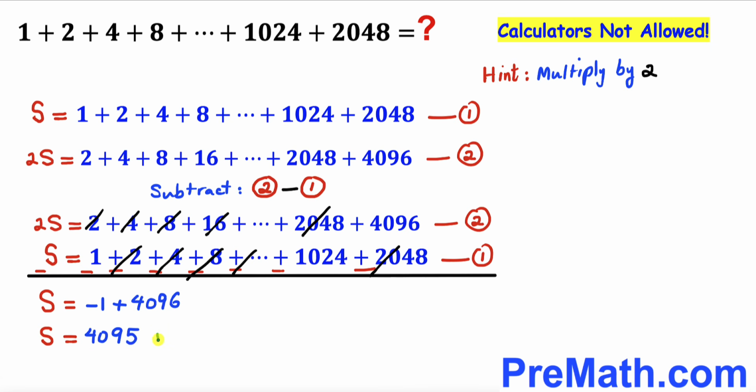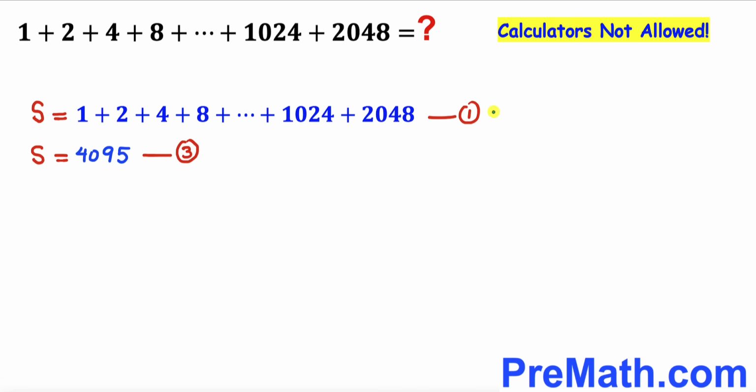As you can see in this next step, our S value turns out to be equal to 4095. Now I'm going to label this as our equation number 3. So we end up with these two equations, equation 1 and equation 3.